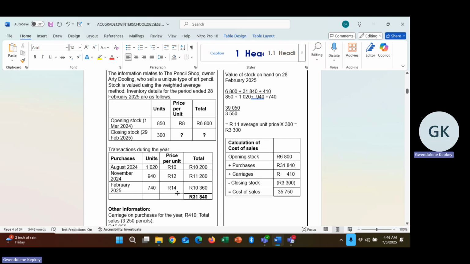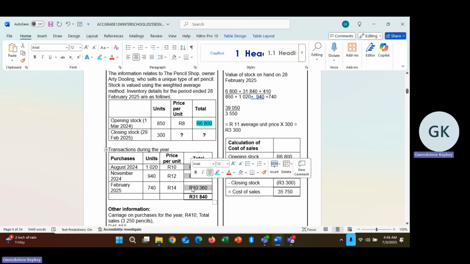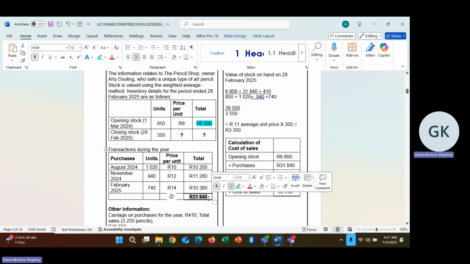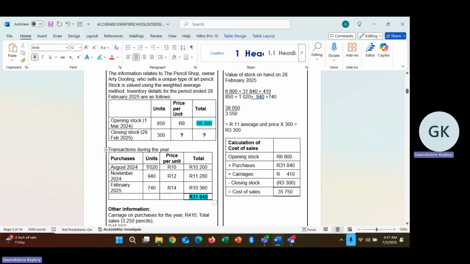So let's apply. What are the important totals that we're going to use? We're surely going to use our opening stock. Then we're going to look at what we have purchased in total, the rand value, together with the number of items or units. I'm just highlighting what we're going to need.